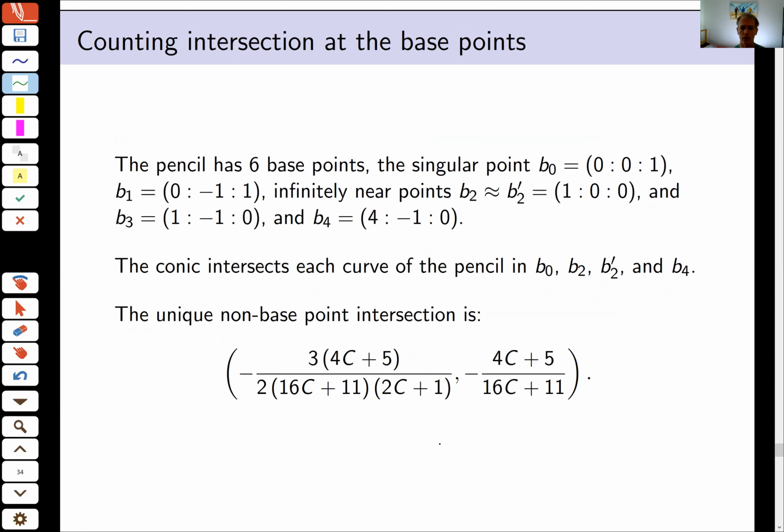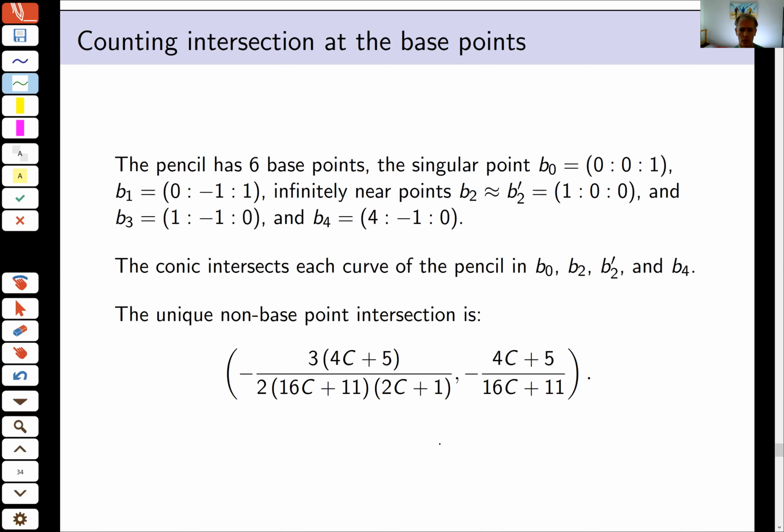There are 2 infinitely near base points at infinity, and 2 more base points at infinity of that pencil of cubic curves. Now that conic, the involution curve, intersects each curve of the pencil in B0, B2, B2 prime, the point near B2, and B4.